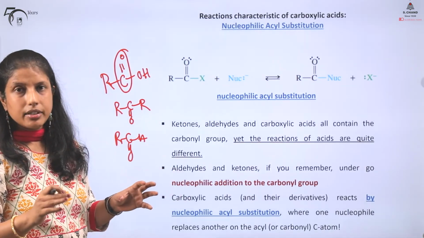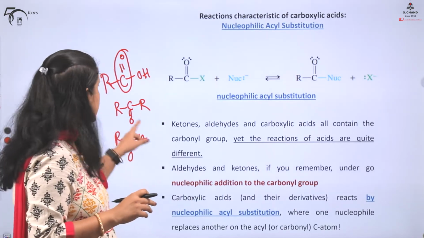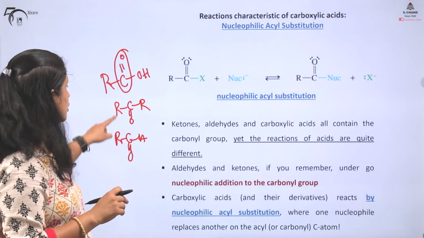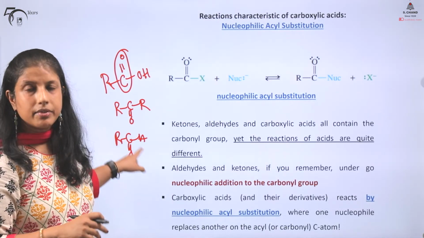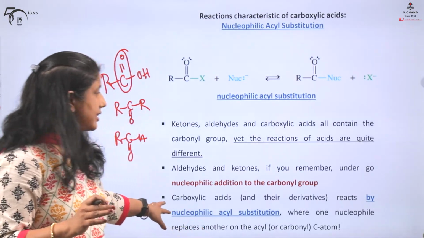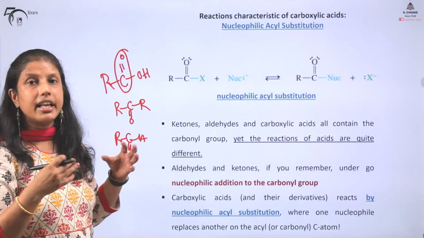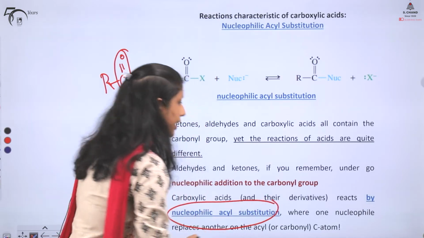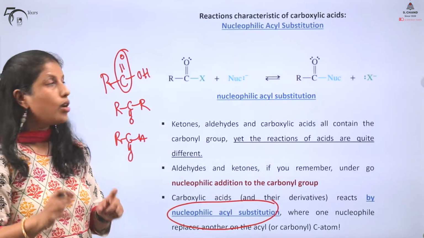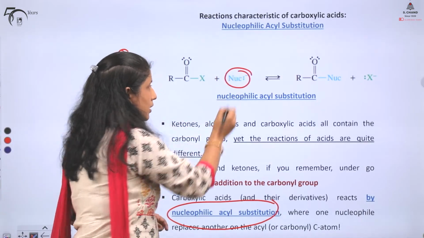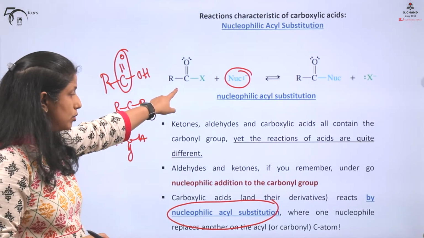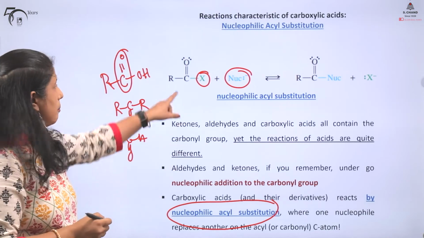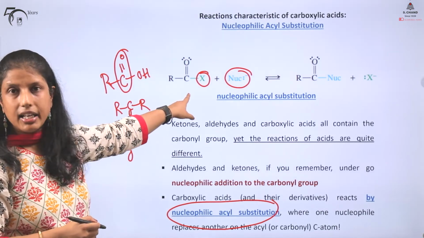Aldehydes and ketones, if you remember, tend to undergo a nucleophilic addition reaction to this carbonyl group. The carboxylic acids and their derivatives react by what is known as a nucleophilic acyl substitution, where one nucleophile will substitute another nucleophile present in the acyl group.